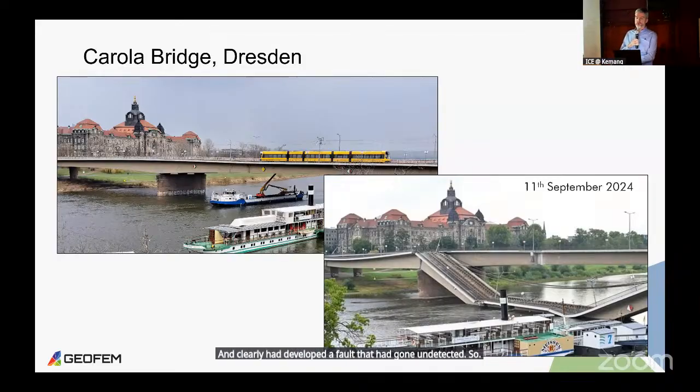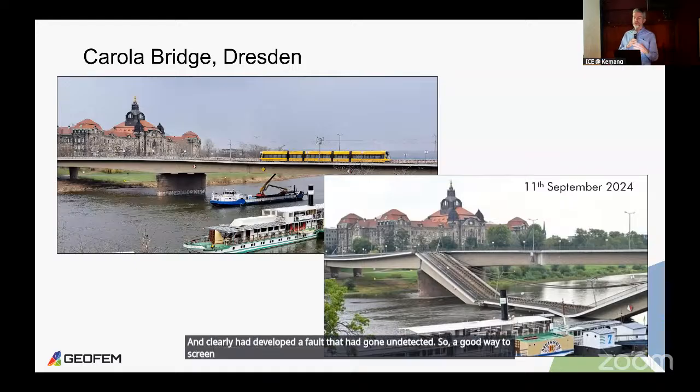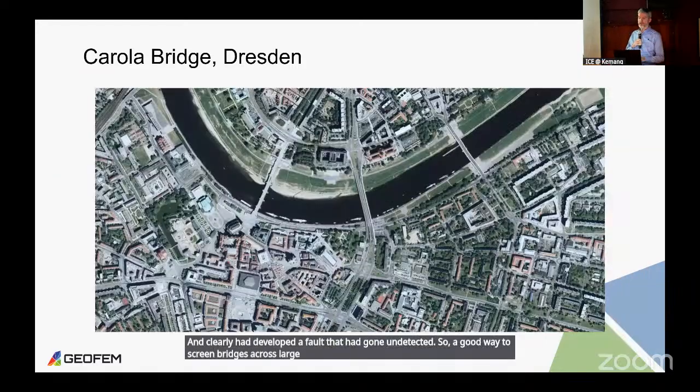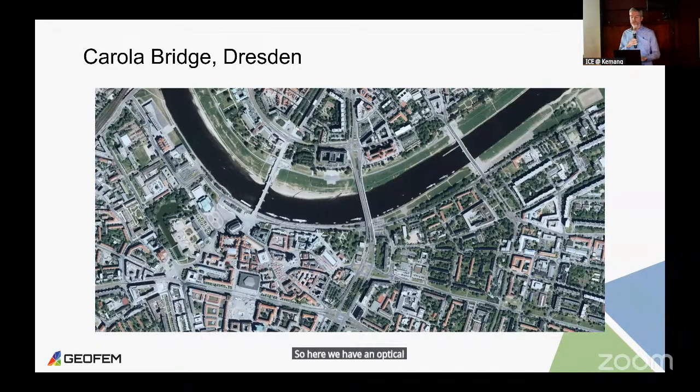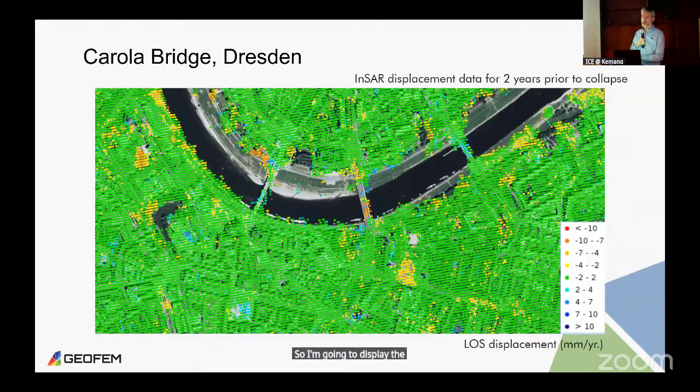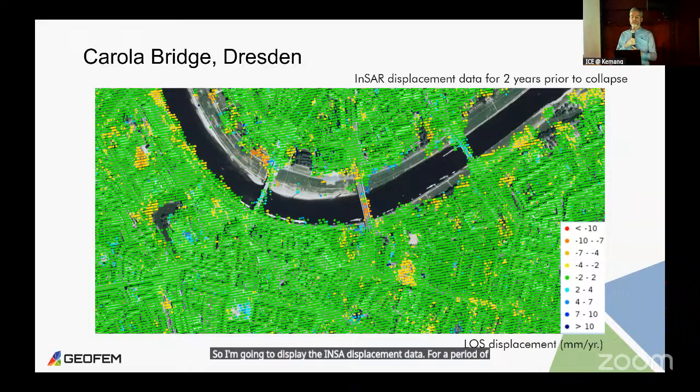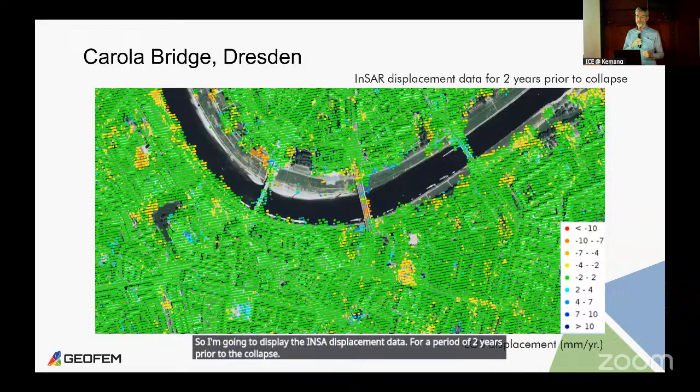So a good way to screen bridges across a large area, and other items of infrastructure, is by satellite. So here we have an optical satellite view of the city of Dresden. And the middle of the three bridges is the one that we're interested in. So I'm going to display the INSAR displacement data for a period of 2 years prior to the collapse.